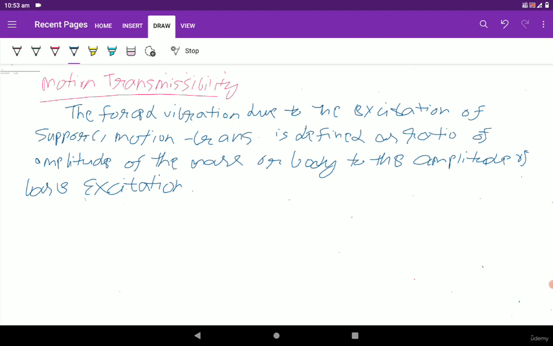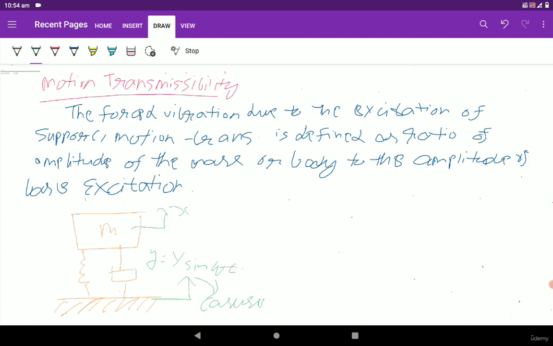So you can see, suppose this is the system, this is the machine attached to the spring system and the damper system to some base, and this is the effect. And this is the cause, and the displacement is the effect.